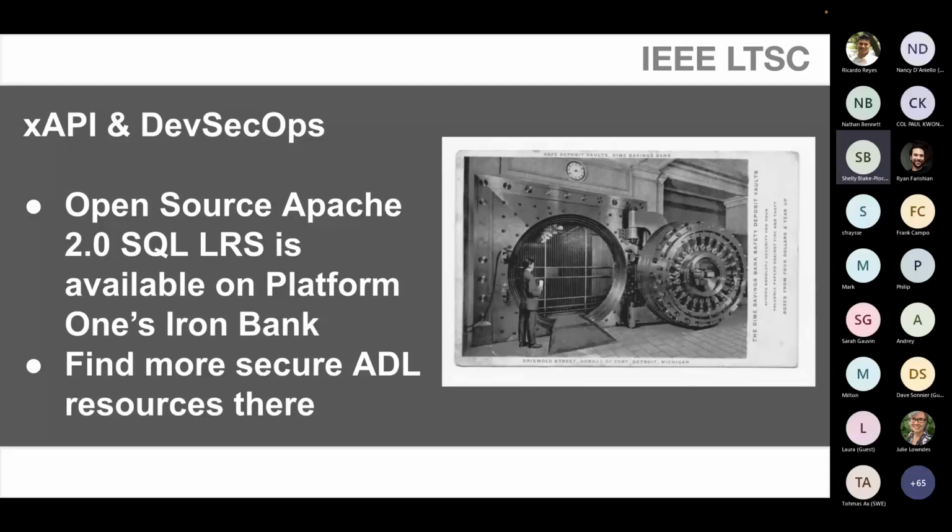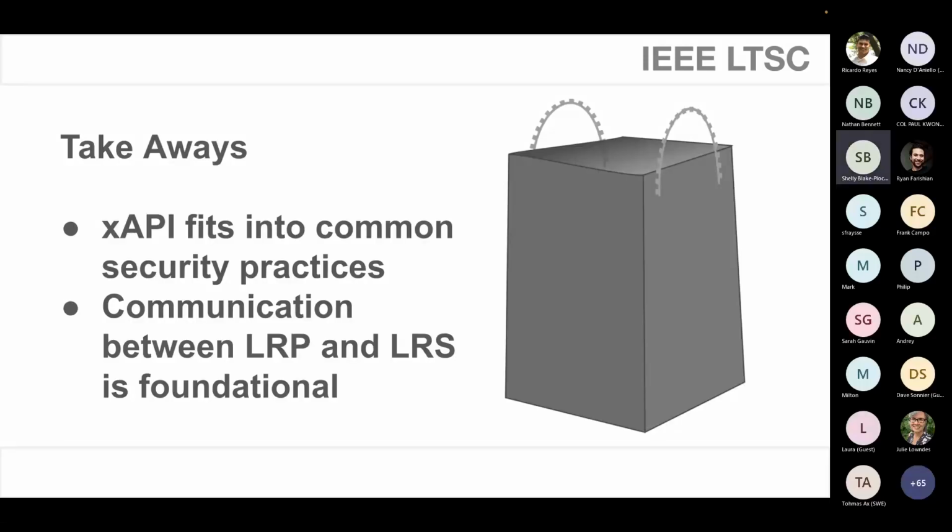So, some quick takeaways. Number one, xAPI fits into common security practices. It's not really something special, though there are some special things about it. Second, the communication between the learning record provider and the learning record store, that's what's really foundational.